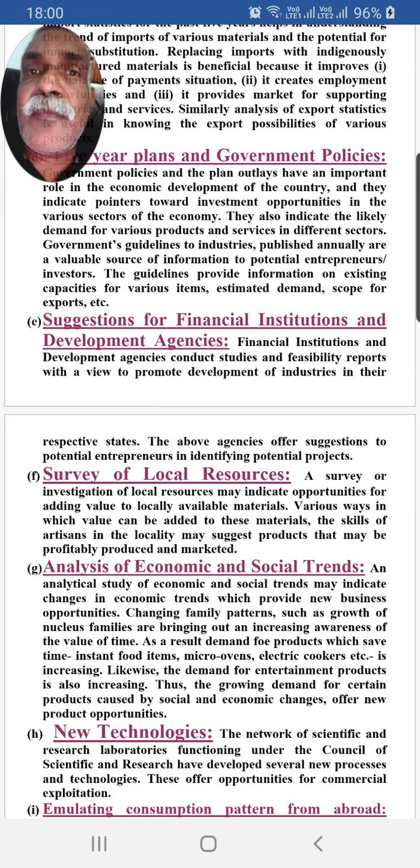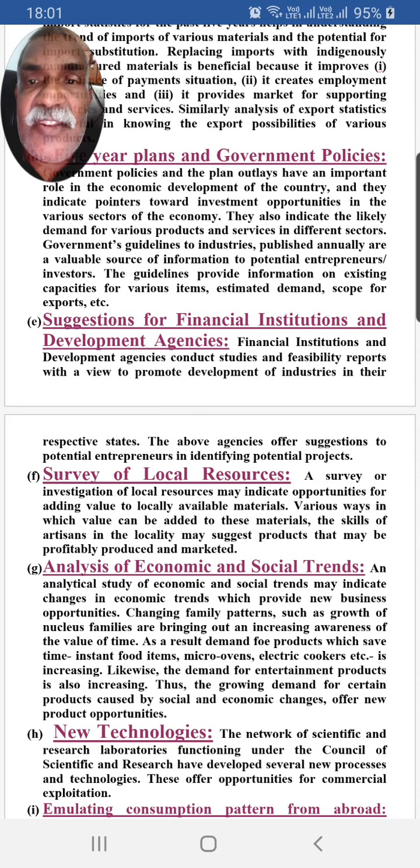So we have to have the idea which plan the government is promoting in this financial year, in this 5 year plan, and accordingly we should find the opportunities to invest our hard earned money in a project.